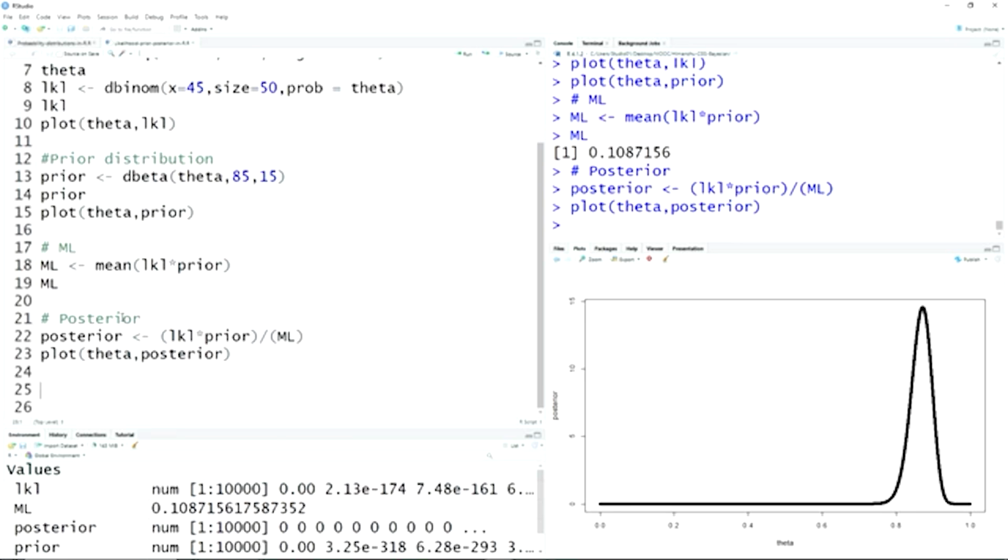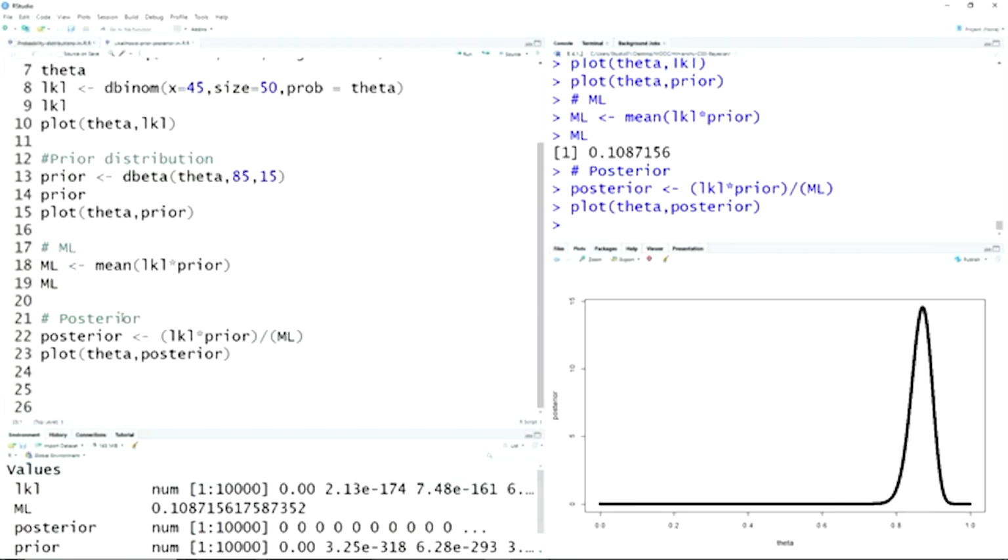Now remember, this is a very simple case where you have basically one data point and only one parameter. Okay, so it was possible to compute the posterior in this way. But in most cases in practice this won't be possible because you'll have too many parameters, a complex likelihood, and also a huge number of data points.